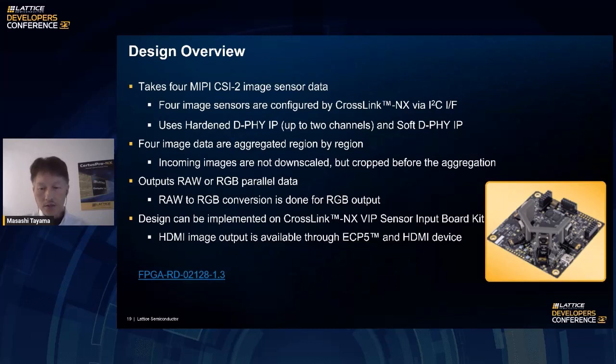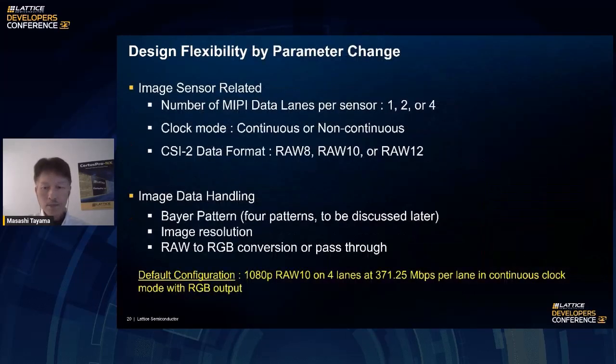This design was originally developed as a demo design, and you can check the image using our CrossLink NX VIP sensor input board kit with an HDMI display. The design can be easily changed to handle multiple use cases by changing parameters like number of MIPI data links, clock mode, and raw data depth from 8 bits to 12 bits.